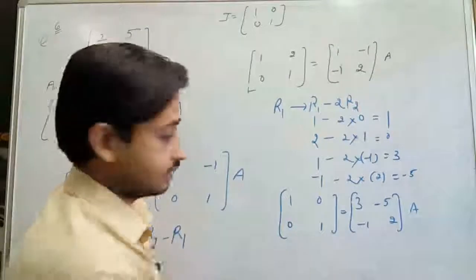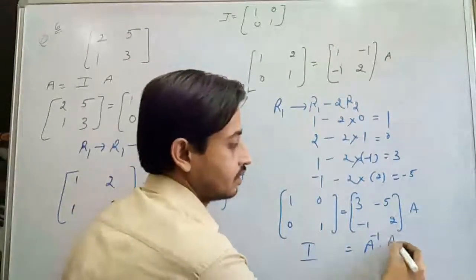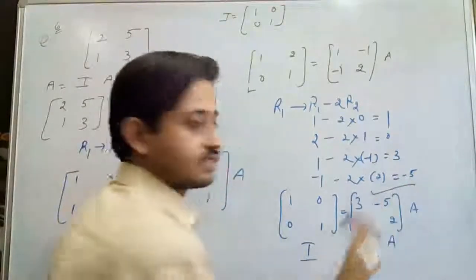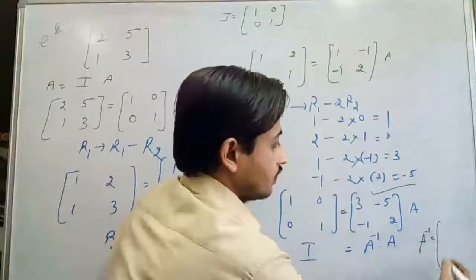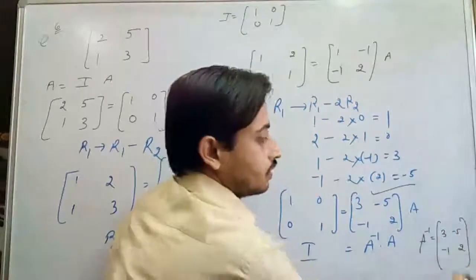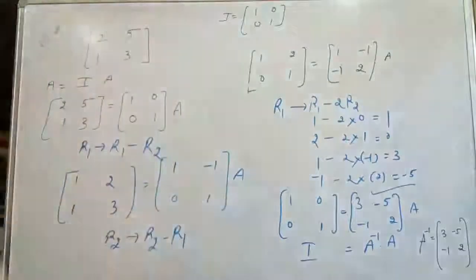Now this is our I, this is A inverse, and this is A. So this one is our answer. A inverse is [3, -5; -1, 2]. This one is your final answer. Please make a note.